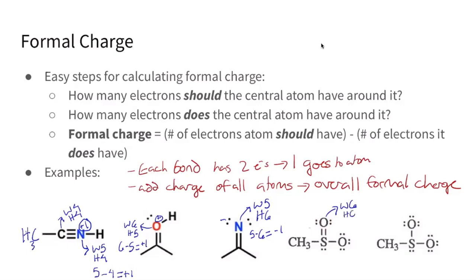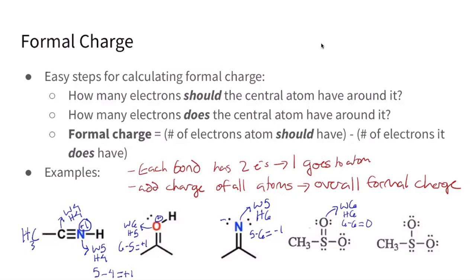So this oxygen, does it have a formal charge on it? This oxygen does not have a formal charge. Because 6, that's the number it wants to have, minus 6, which is the amount it does have, equals 0.